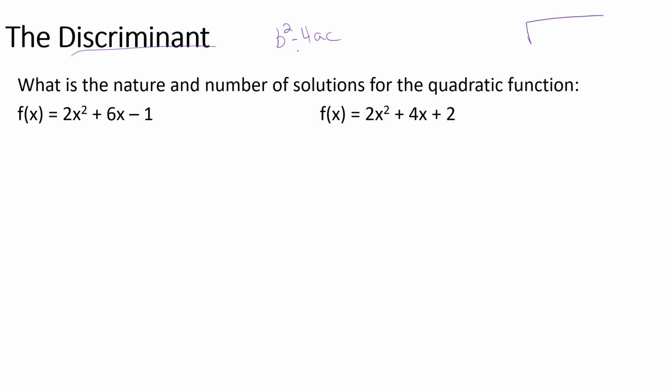A couple of things we need to remember is that when b squared minus 4ac results in a positive value, you have 2 real solutions. When b squared minus 4ac gives you a negative value, you have 2 imaginary solutions.